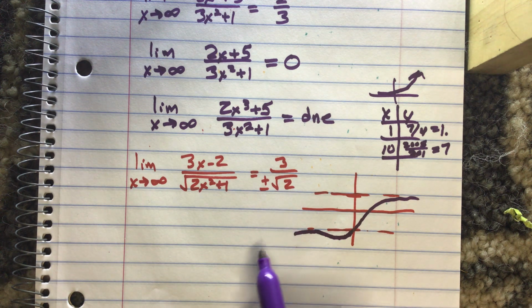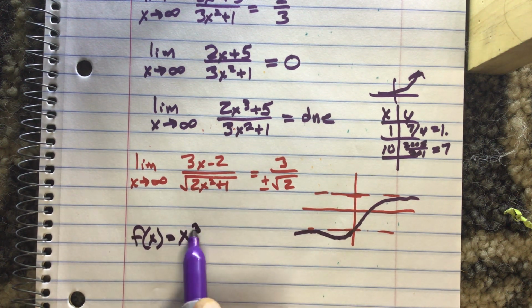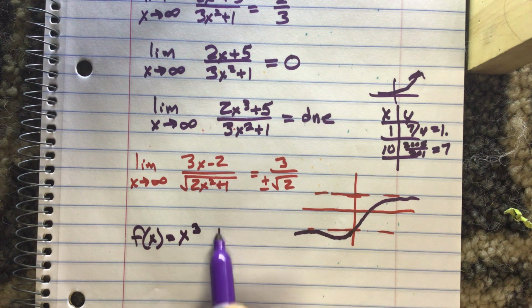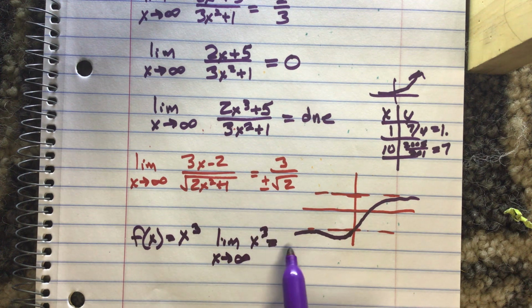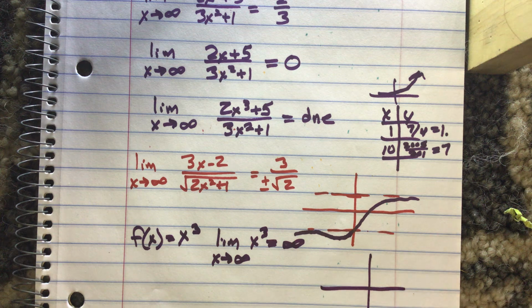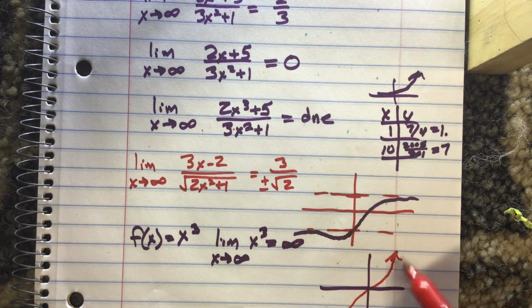And the last example, f of x equals x to the third power. The limit as x approaches infinity of x to the third is infinity. We know that the graph of x to the third looks like this. So as x approaches infinity, y is also approaching infinity.